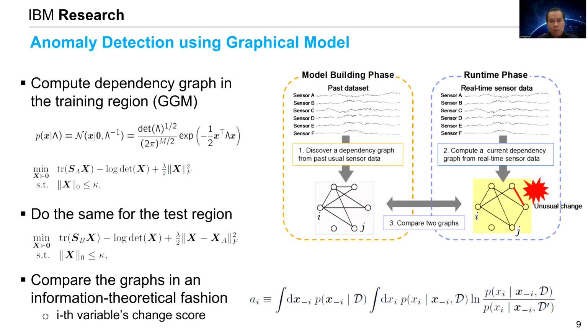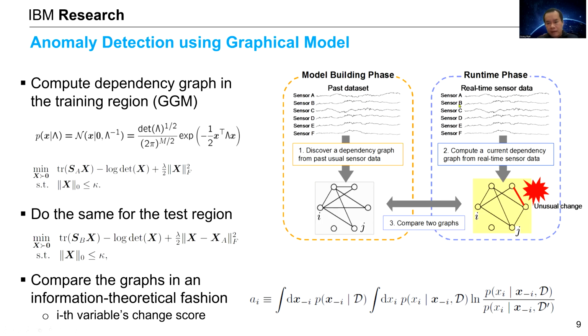Now let's see how we apply our graphical model in abnormality detection. Here we use the time window-based approach, meaning that we take some samples within the time window, and then we build the graphical model that gives us the dependency graph that comes from the training data.